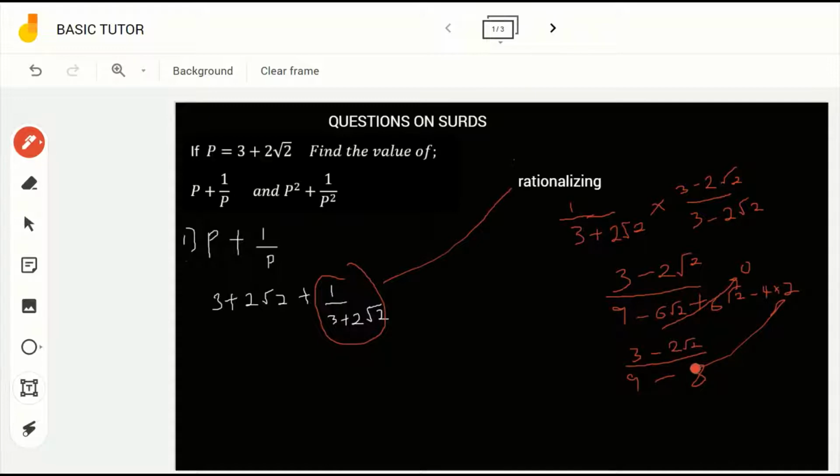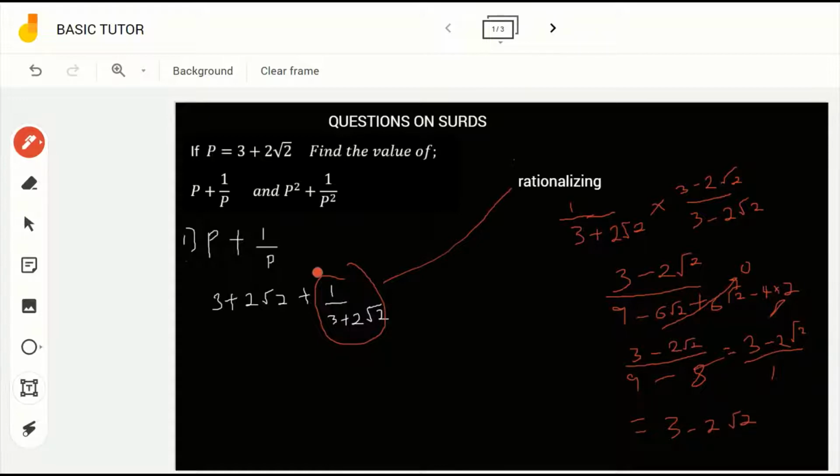So my answer is 3 minus 2 root 2 divided by 9 minus 8, which is 1. So when we rationalize 1 over 3 plus 2 root 2, we get 3 minus 2 root 2.